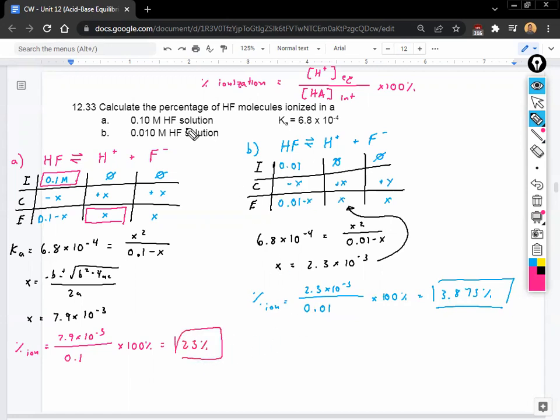Okay, so as you guys can see, as we change the concentration, did I get the wrong answer? Let me double check. Got 3%. 2.3 times 10 to the negative 3 divided by 0.01. Oh, that doesn't even make sense. Wait, hold up. Did I get the wrong answer again? Oh, sorry.